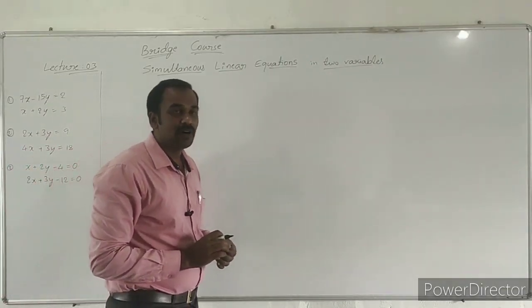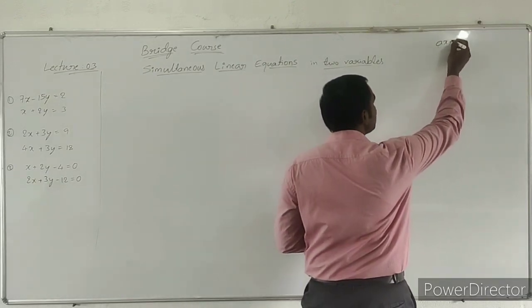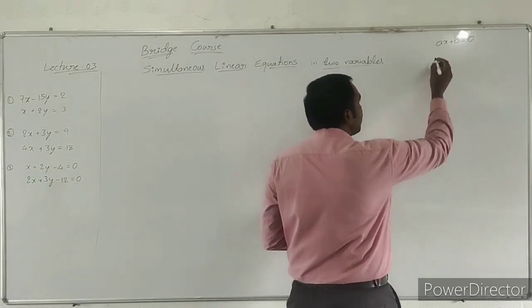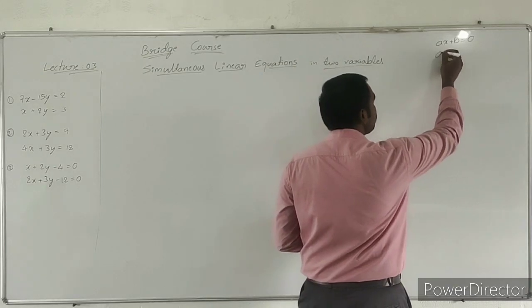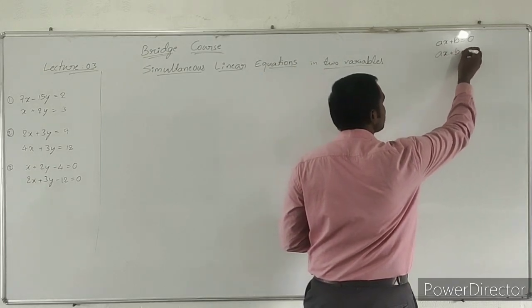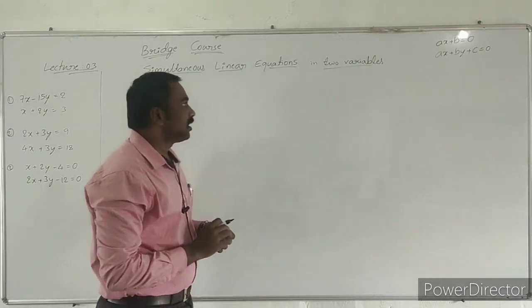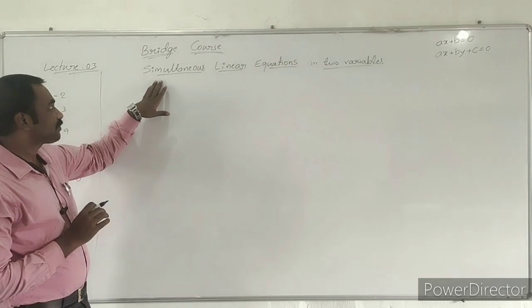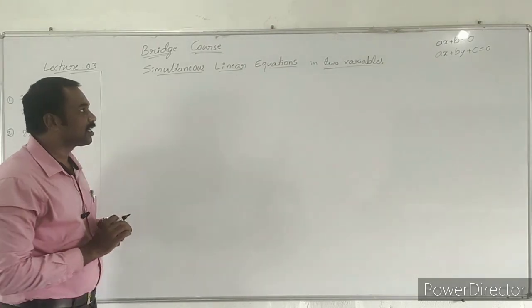The general form of a linear equation in one variable is ax plus b is equal to 0, and the general form of a linear equation in two variables is ax plus by plus c is equal to 0. Now, in this class, I am going to explain simultaneous linear equations in two variables.